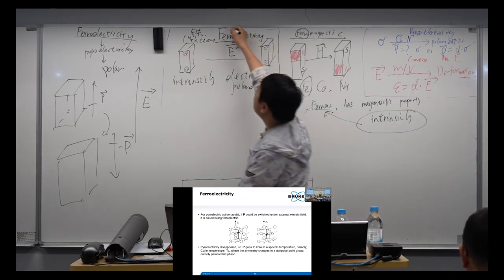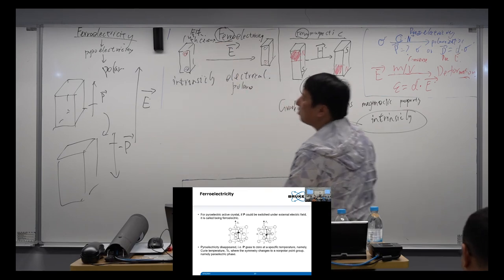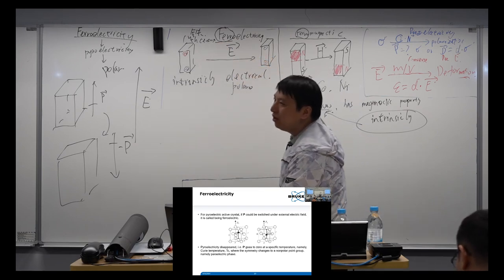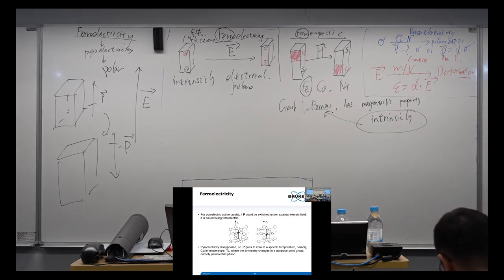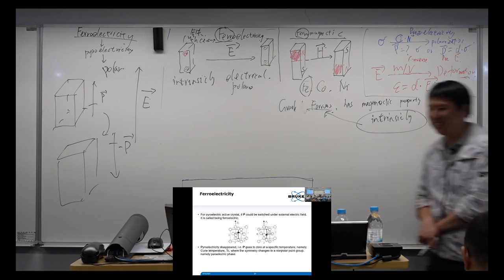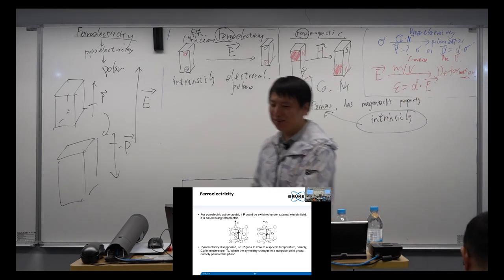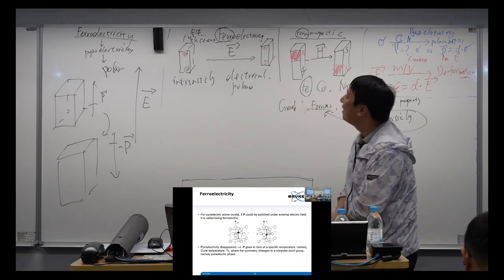That's why the word is ferro, because they know ferro means intrinsic, and then it was translated into the Chinese word 铁电效应. Nobody understands that. So that's just a different way to describe it.